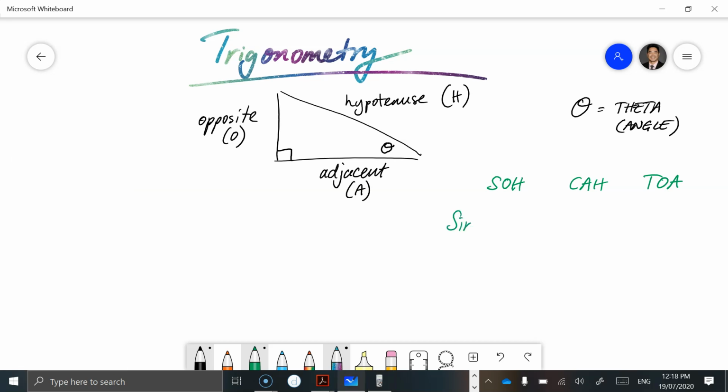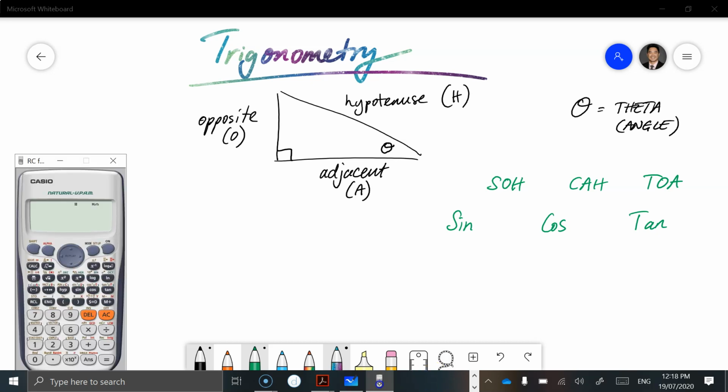We've got a sine function, we have a cosine function, and we have a tan function. Okay, so looking at this calculator here, we can see that we have a button sine, we have another button cosine, and we have another button tan. Okay, and we're going to be using these functions quite regularly during this chapter, based on trigonometry.